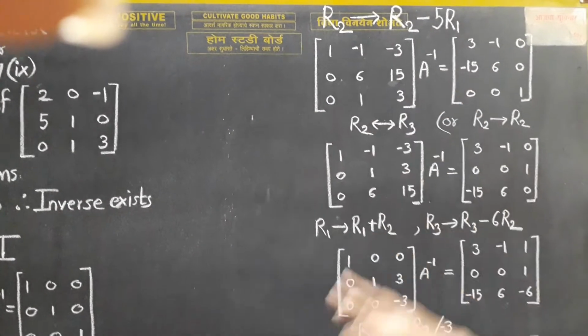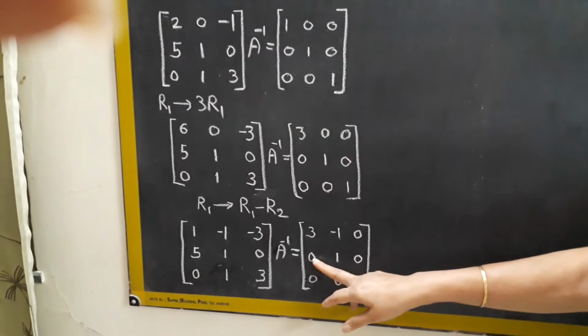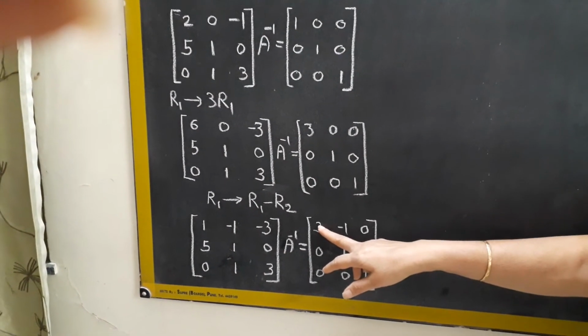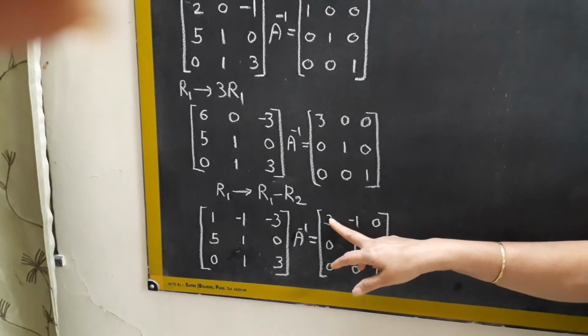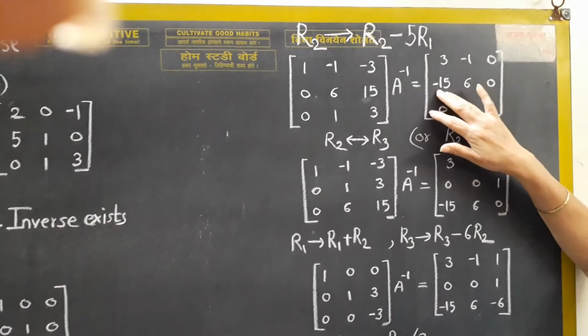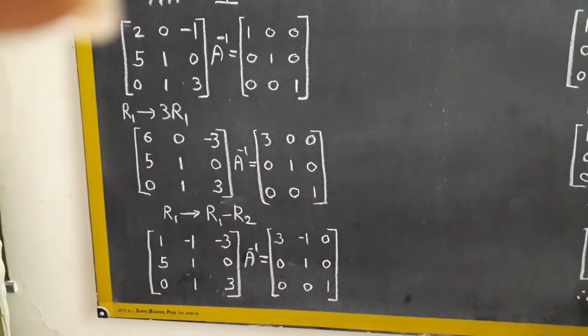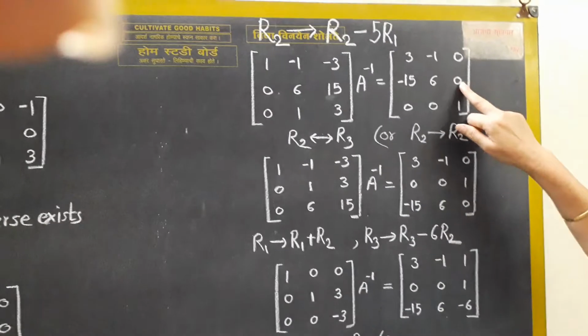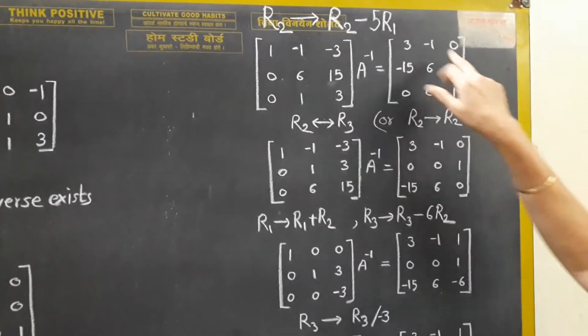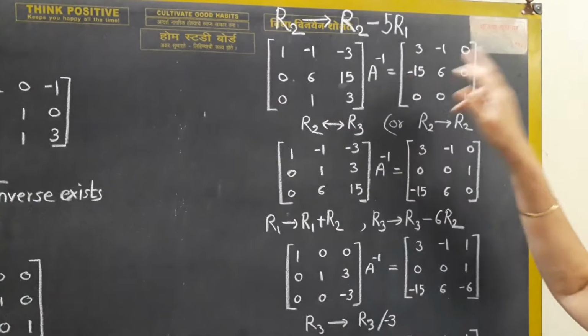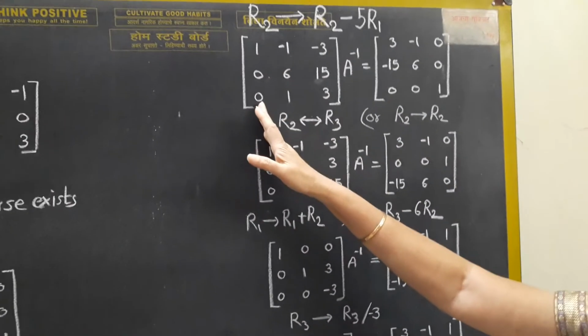In the same manner, here also 0 minus 3 into 5 into 3, that is minus 15, so you get minus 15. Here it is the same way we did here, the same numbers are there, so you will get 6, and 0 minus anything times 0 is 0, so we get 0 over here. So this is how the R2 changes, and now the first column is complete.